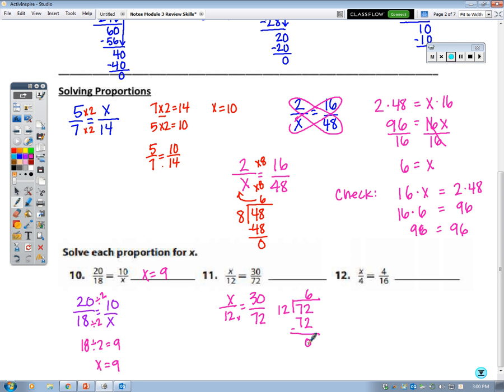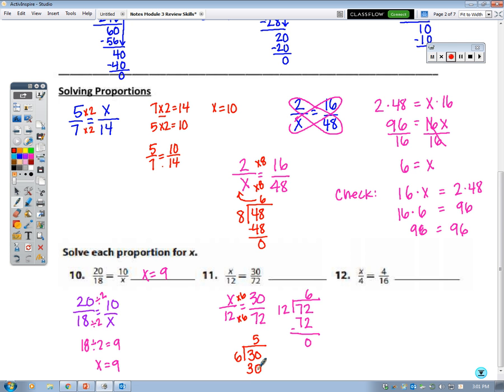So now that I know what I have to multiply 12 by, that's going to tell me that I have to multiply my top number by 6. So I don't know what my top number is that I'm multiplying. So I'm going to reverse that operation. I'm going to say 30 divided by 6, and that should give me x. And 30 divided by 6 is 5. 5 times 6 is 30.